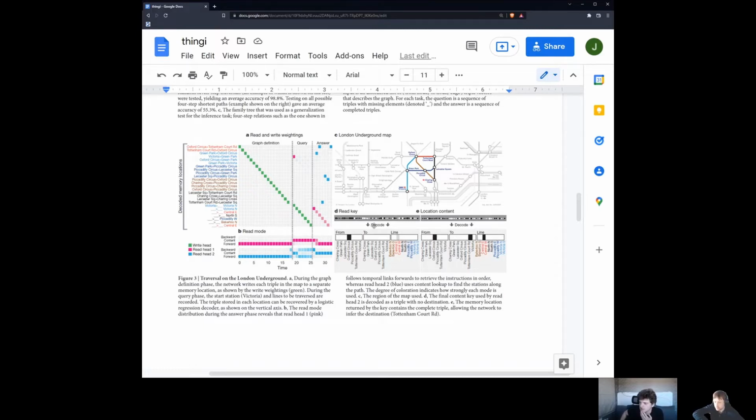So there are these three parts. The first part is the graph definition part, where the graph is being made. Then a query is given, where basically a question is asked. Maybe we want to explain this problem a bit further before we get to the answer.